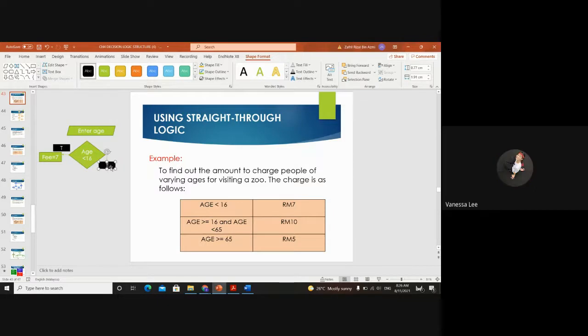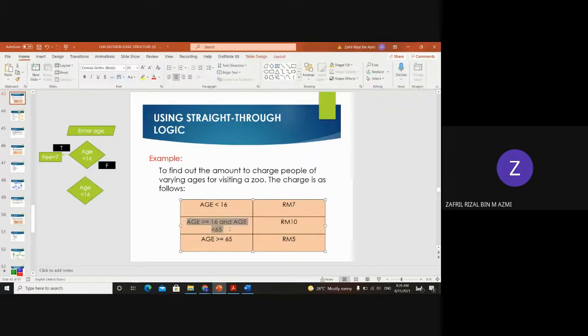We move on to age more than or equal to 16 and age less than 65. Good. So we are going to have another one over here. Make sure you write it correctly. You are supposed to use all the operators correctly. Don't put something like this, it is a common mistake.